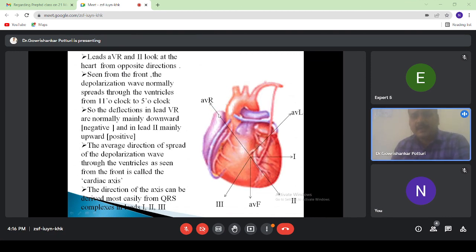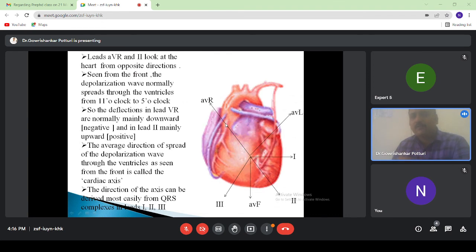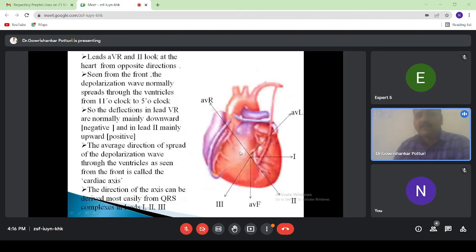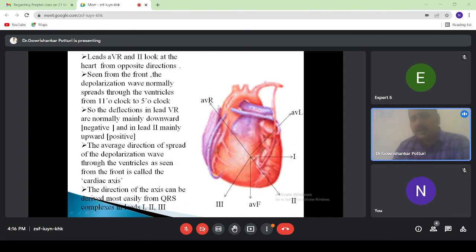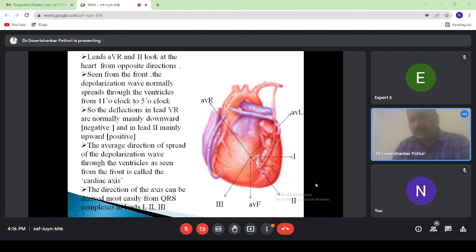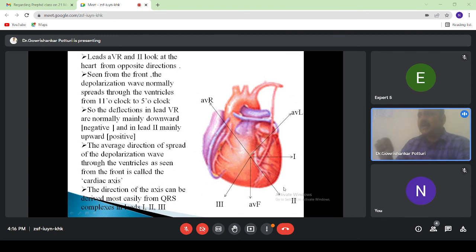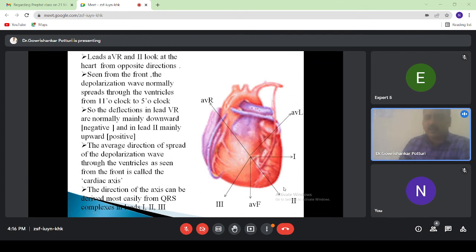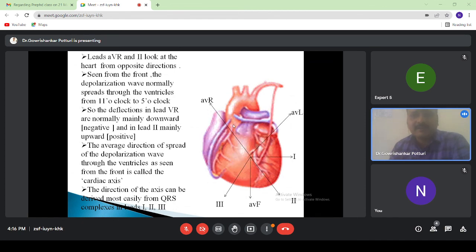So the deflections in lead AVR are normally mainly downward, negative, because the depolarization is moving away from AVR. At an electrode towards which it moves, you see a positive deflection in the QRS complex. So the deflections in AVR are normally mainly downward, negative, and in lead 2 mainly upward, that is positive.